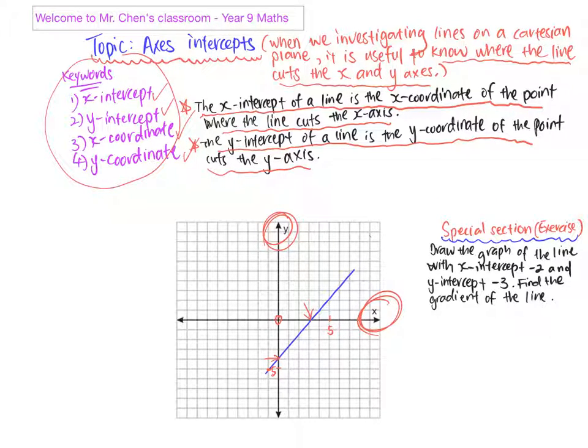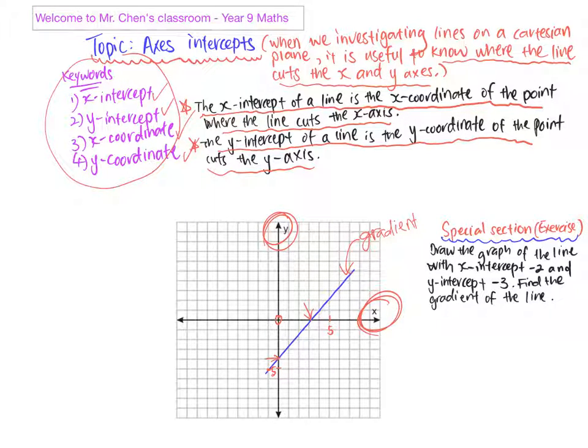So let's investigate where the x and y intercepts are. Below we have a blue line, which is your gradient line, if you don't know. On that line we are able to find where the x-intercept and y-intercept are, because this line went past both the x and y axis.